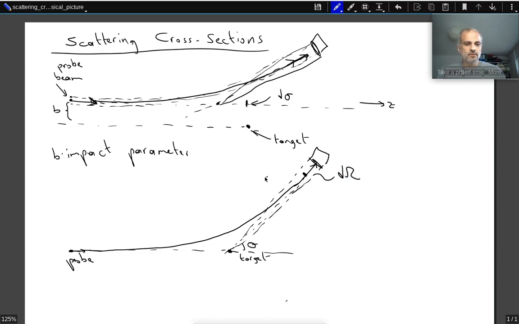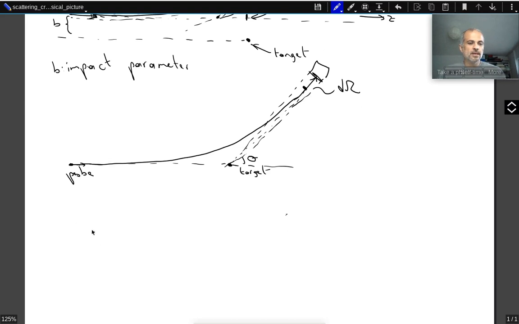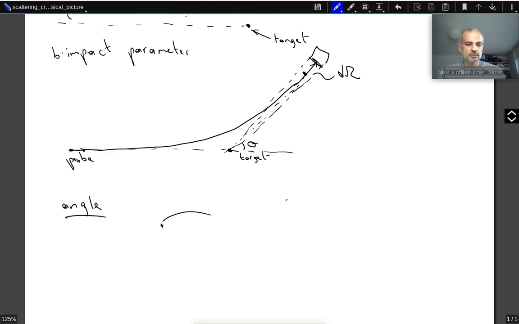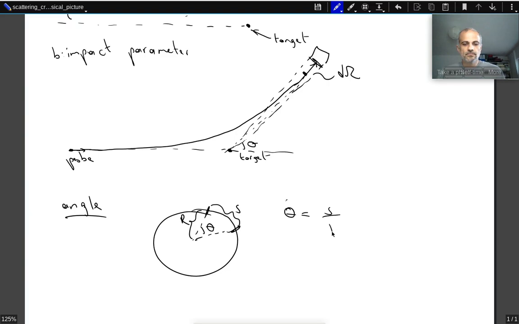Before continuing, let's look at what we mean by angle and solid angle. If you remember the definition of the angle, it's defined on a circle. Take any arc, and this arc will see some angle. Let's call that angle theta. This arc has a length s, and the radius of this circle is r, then theta is s over r.